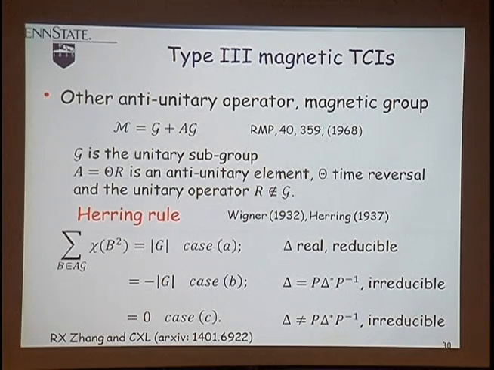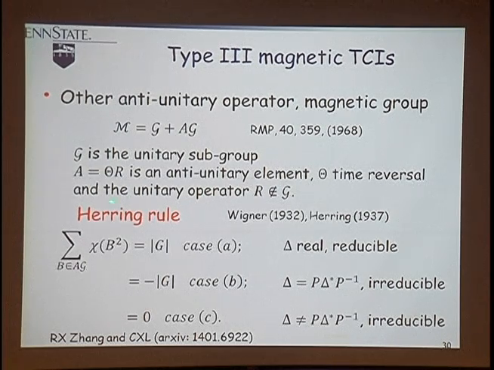Basically, this is given by the magnetic group. The magnetic crystalline group is for magnetic materials. It has a unitary part and an anti-unitary part. The anti-unitary part here, A, is the time-reversal operator, which gives you the anti-unitary property, times some space group operator.